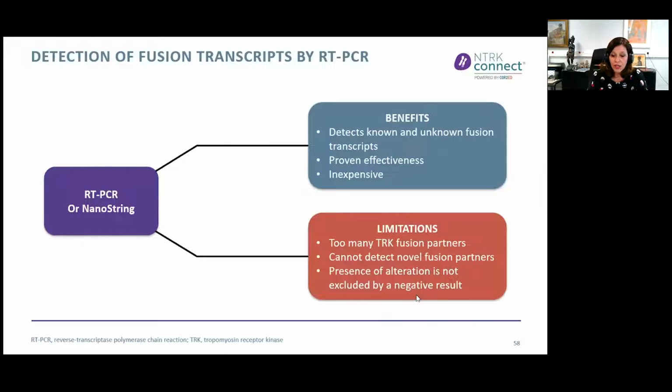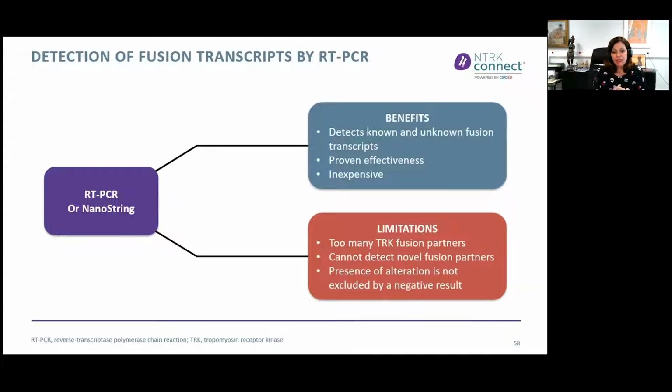Now we can use technology like RT-PCR or NanoString technology, looking at the transcripts. It's something that is quite inexpensive and a technology that is relatively easy to use, but in fact, you have to pre-select what you are looking at. So today it's probably limited because we have too many TRK fusion partners and we cannot detect novel fusion partners.